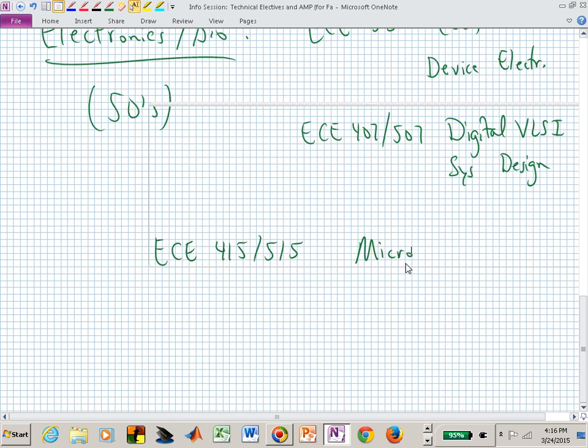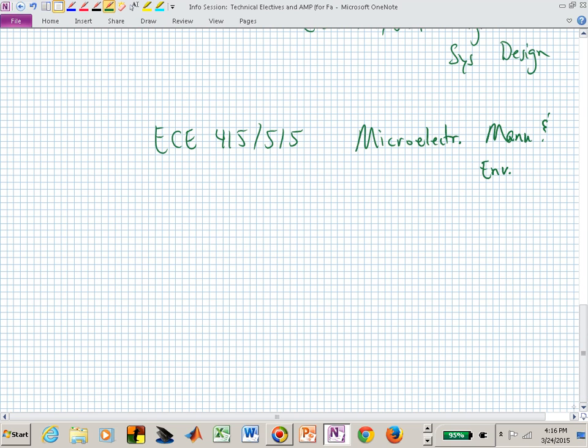So this is microelectronic manufacturing and environmental issues. So if you're interested in sustainability, green, you might be interested in how you might make these particular devices in a manufacturing setting. Another class that's similar to that, so that one I'm not yet sure if it's being taught, so you might keep open to that.